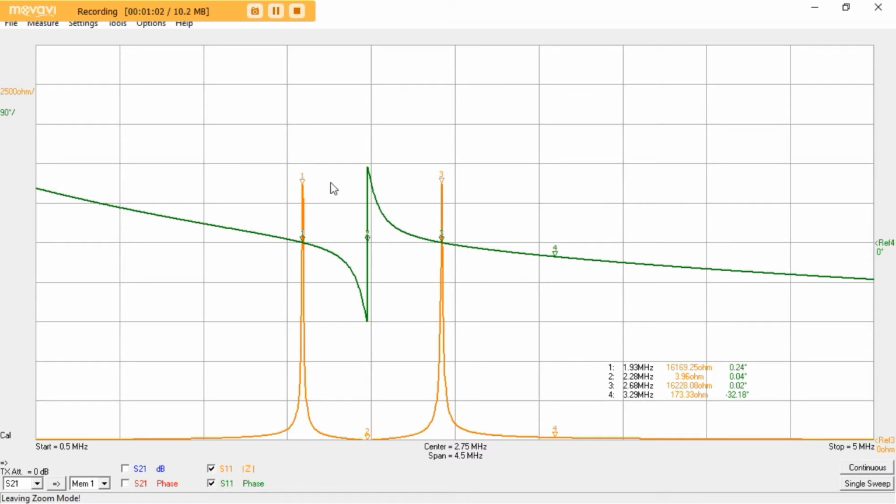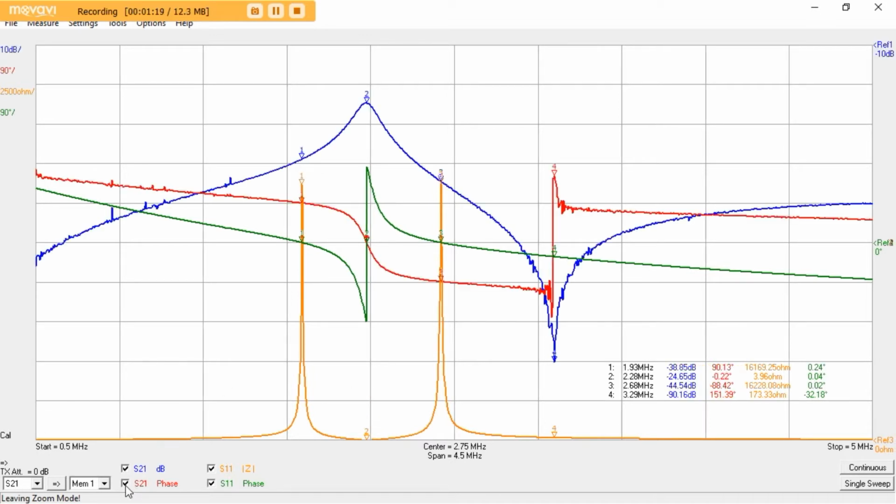Magnitude and phase: that's the input impedance Z11. We can see points 1 and 3 are balanced to 2 parallel modes. Point 2 is the fundamental series resonant mode. I'll just bring back transmission gain 2. So just to show what we've got, we're doing a scan from 500 kilocycles up to 5 megacycles.